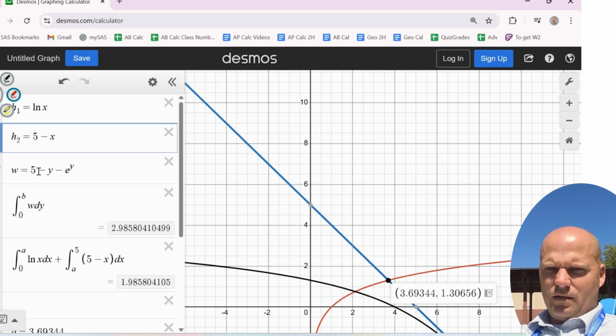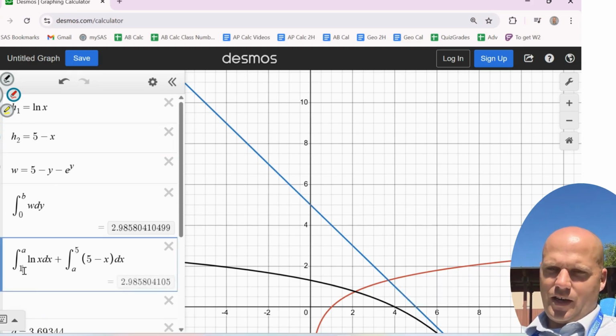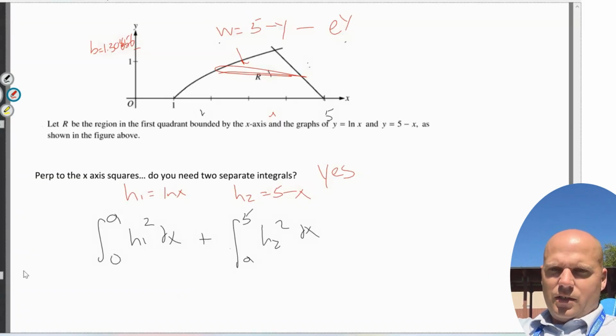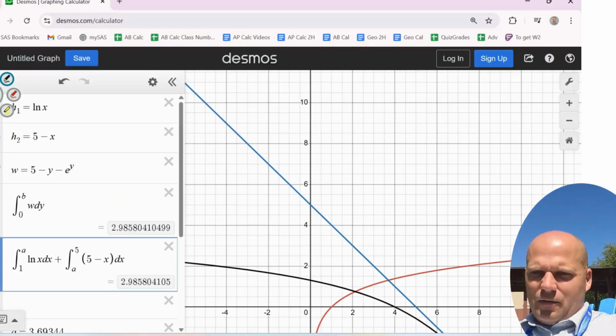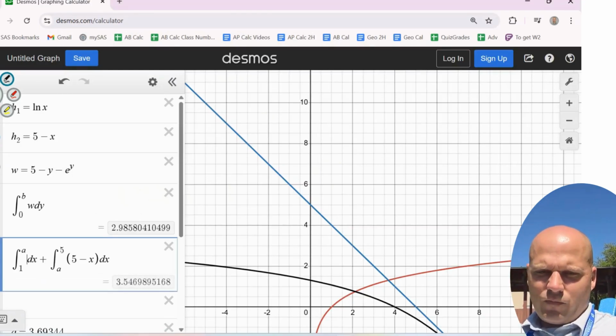Yo, I'm tripping right now. Oh, because it's not 0 to a. Gosh, darn it. Mr. Messner. 1 to a. Yeah, okay. So we got the same answers, and we should have gotten the same answers.